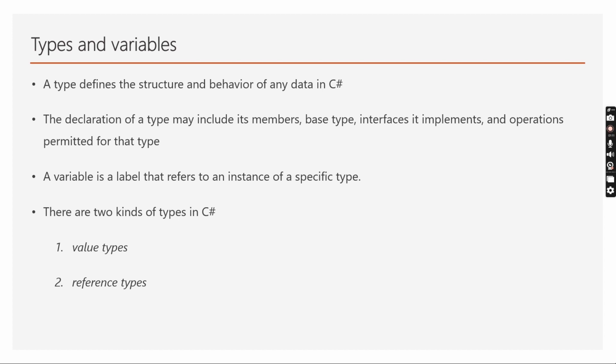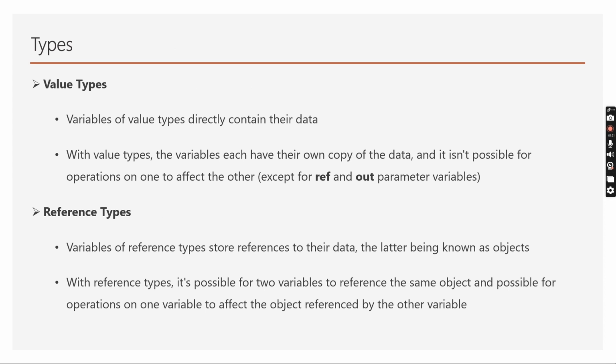So what types are available in C#? There are mainly two types: value types and reference types. What is a value type? Variables of value types directly contain their data.